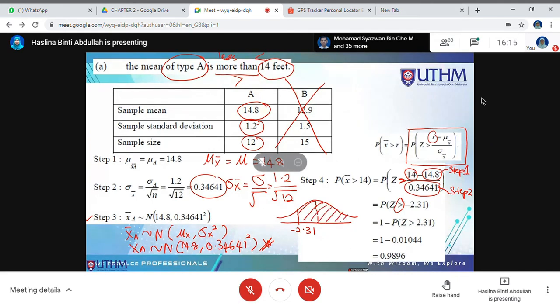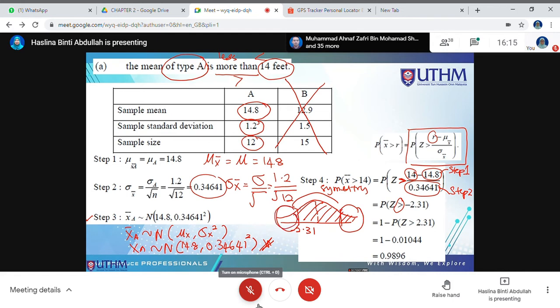So, how to find the probability? The table only can read this value. 2.31 is symmetry. Remember, for normal distribution, right area and left area is symmetry.